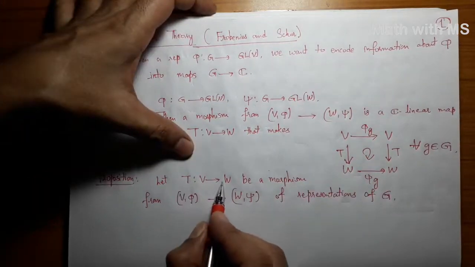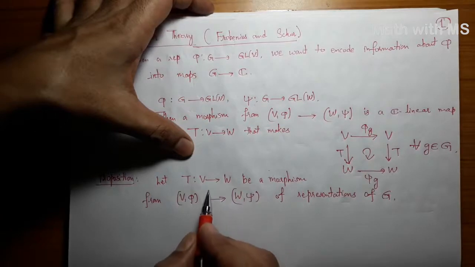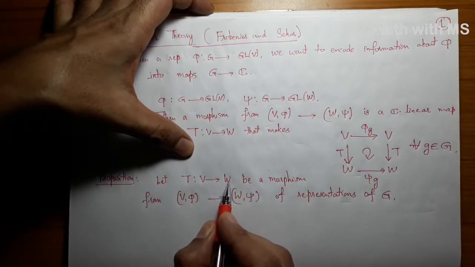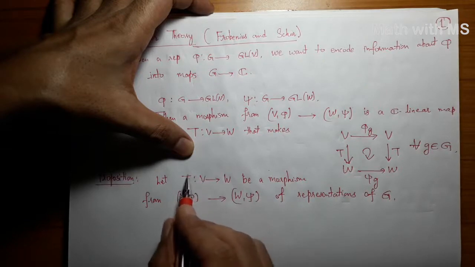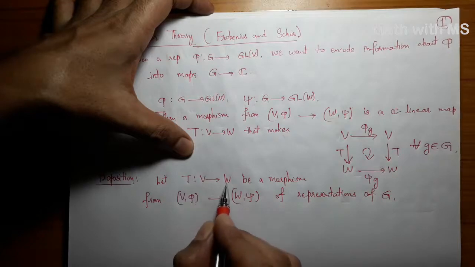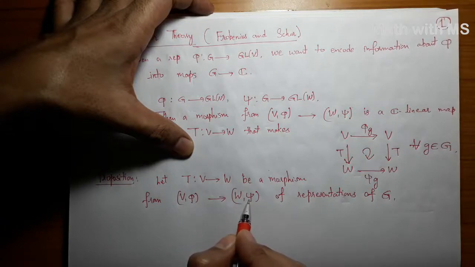Since T is a linear map, you can talk about the kernel and the image of it. It turns out that the kernel of T is in fact a G invariant subspace of V under the representation phi, and the image of T is a G invariant subspace of W under the representation psi.